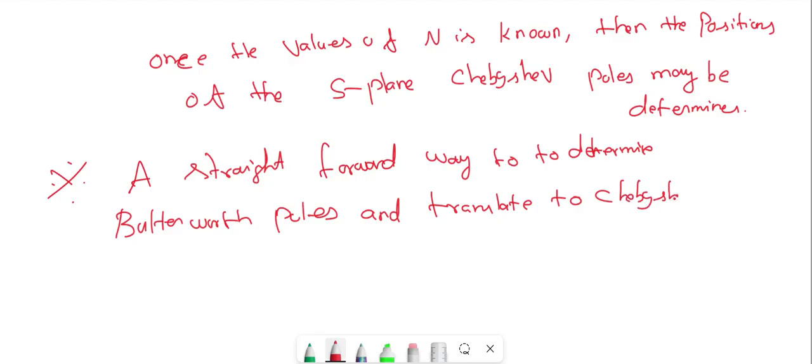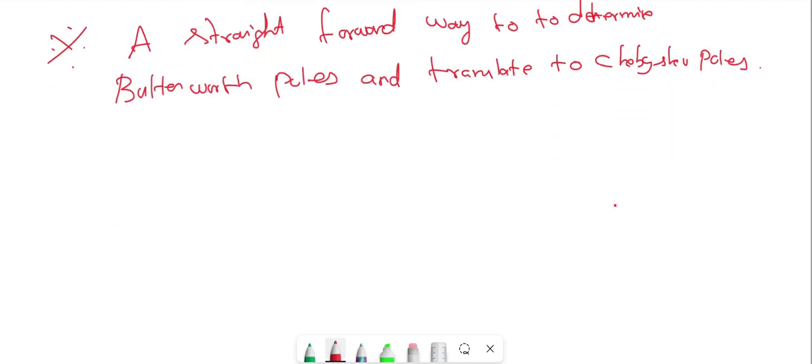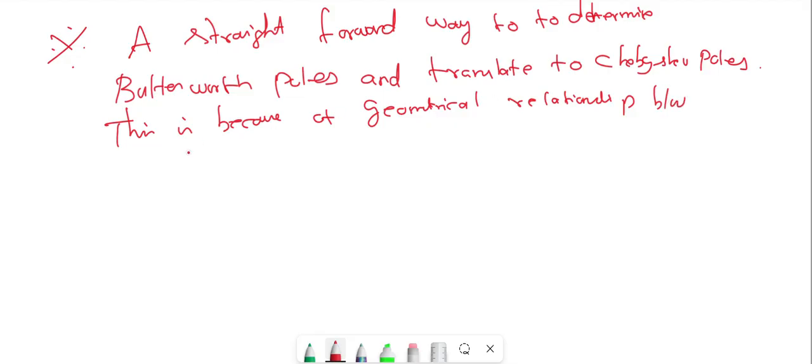This is because of the geometrical relationship between Butterworth poles and Chebyshev poles.